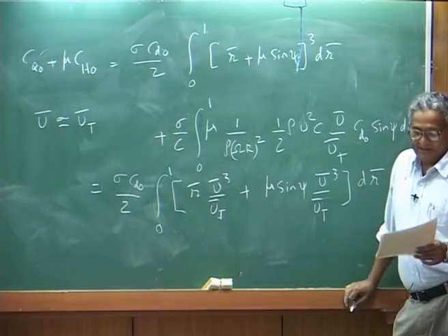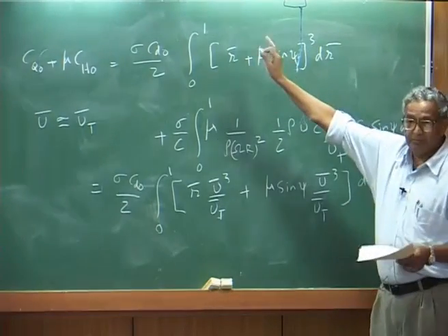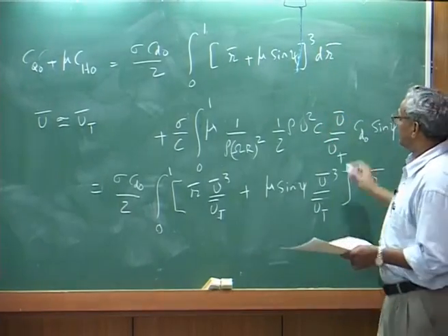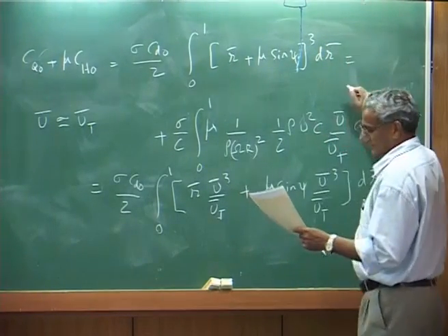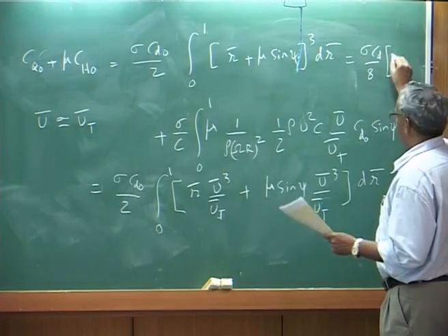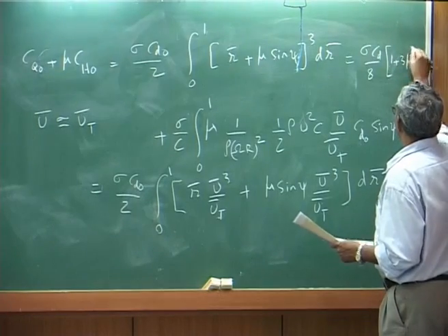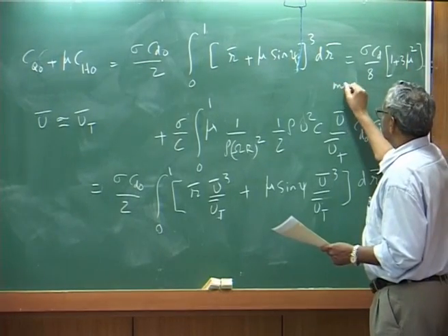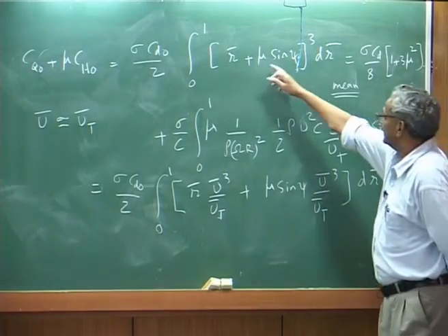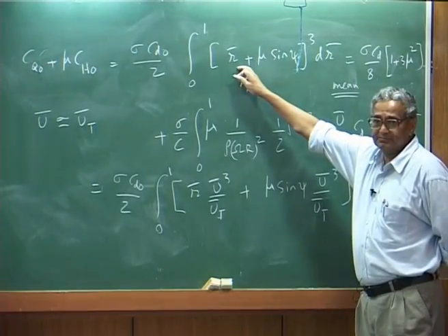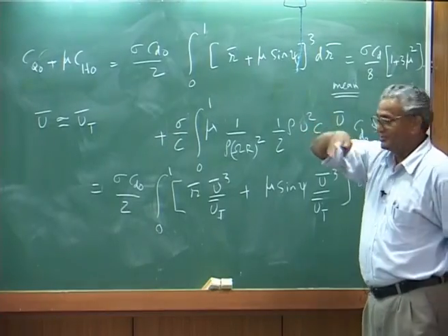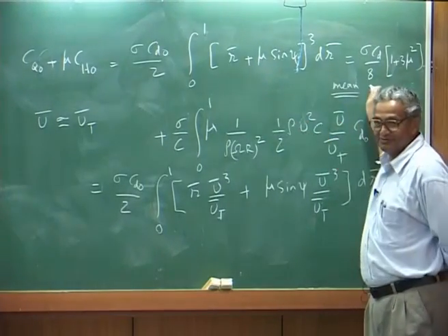And if you integrate and then take the mean value, meaning 0 to 2 pi, you do it. If you do the mean value, you will get sigma C_d over 8, 1 plus 3 mu square, this is the mean, because you have to take the cube, because of r bar cube, this will be power 4, 1 by 4, that 4 only, that becomes 4 into 2, that becomes 8.